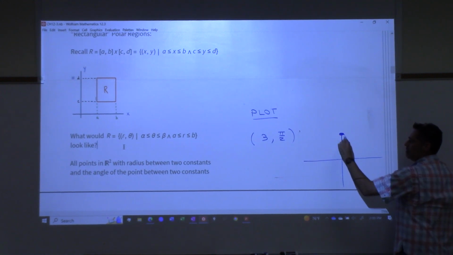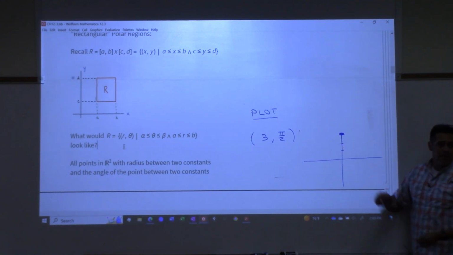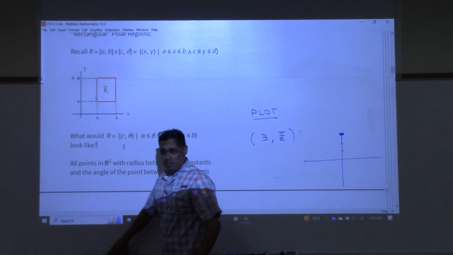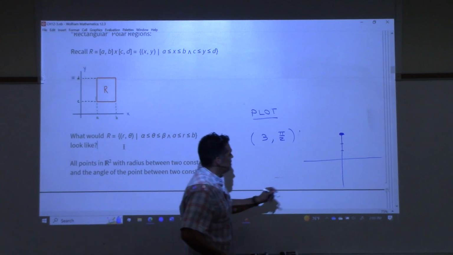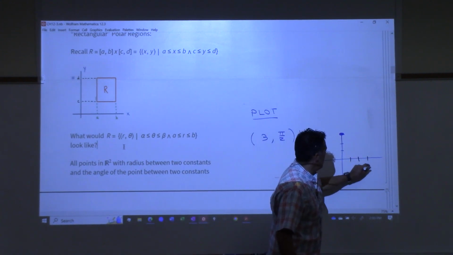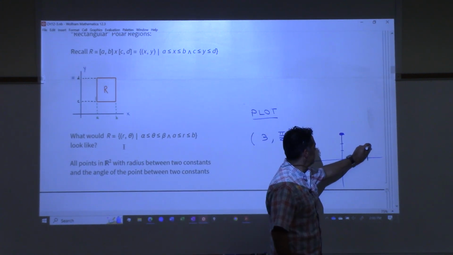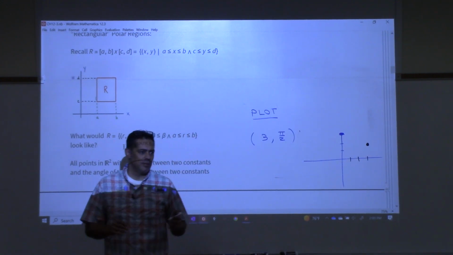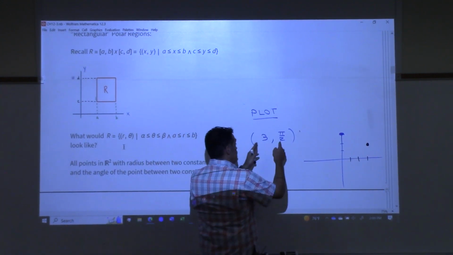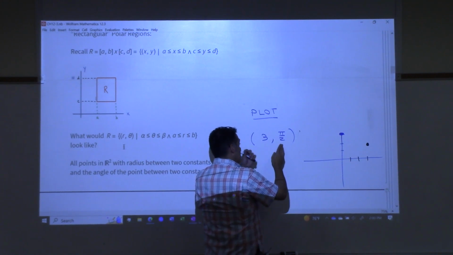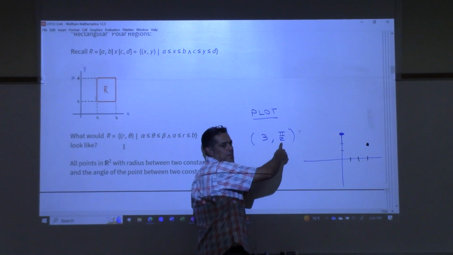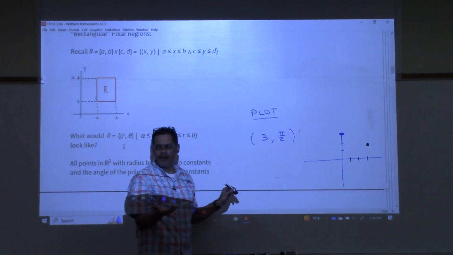So I'd be right there. That's what it is in polar. If I told you that was Cartesian, then you would go to the right 3 and up pi over 2, wherever that is. Those are totally different things. So I have to be explicit and tell you that it's polar. You cannot assume that because it's an angle that it must be polar, because pi over 2 is just a number.